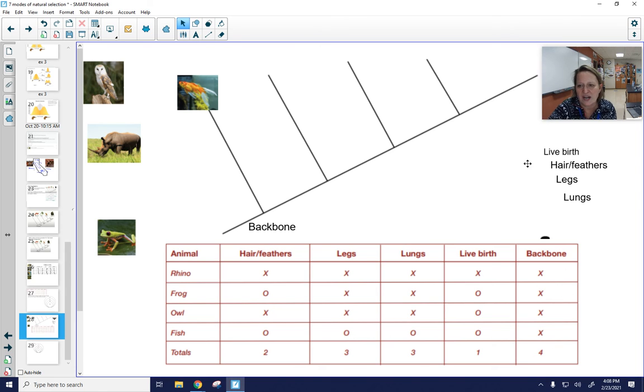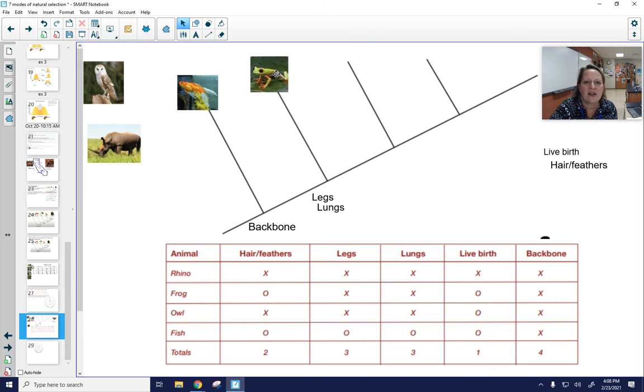Then the next trait that only was occurring in the frog was the legs and the lungs. So we put the legs and the lungs there, and then the frog here. So this is now saying that because this trait is located right here, the fish does not have that trait, but the frog and everything above it does.